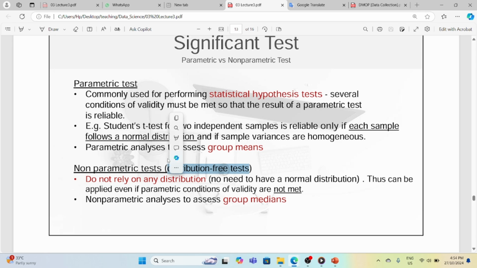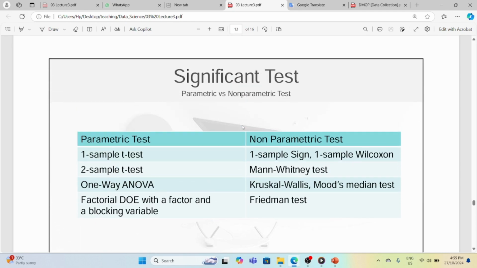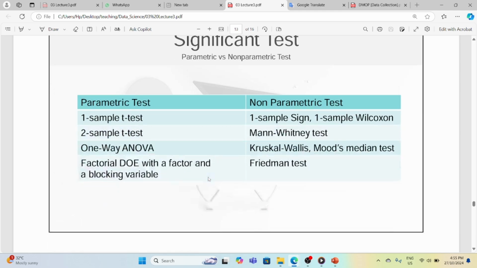So it doesn't matter what the distribution is, as we discussed here. For parametric tests we can use the sample t-test, ANOVA test, and fractional DOE with a factor and a blocking variable. For non-parametric tests we can use sample sign, sample Wilcoxon, Mann-Whitney test, and you can see the different tests that we can apply for parametric and non-parametric tests.